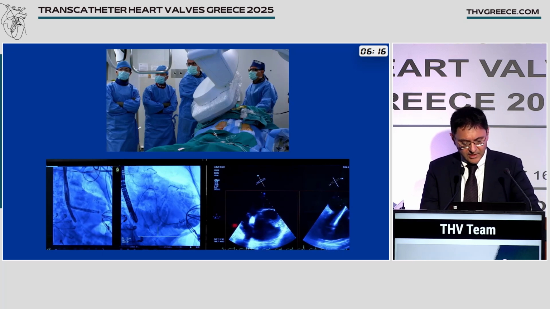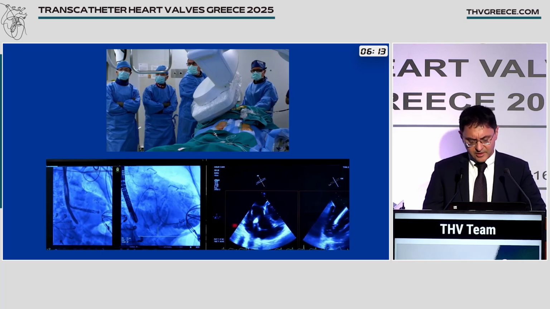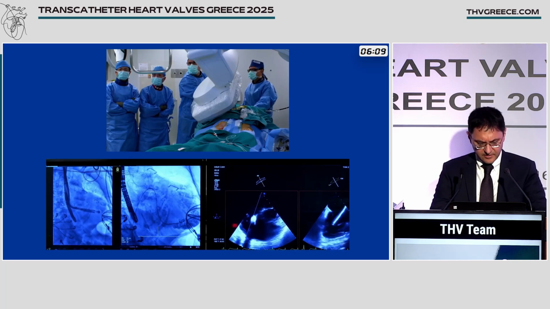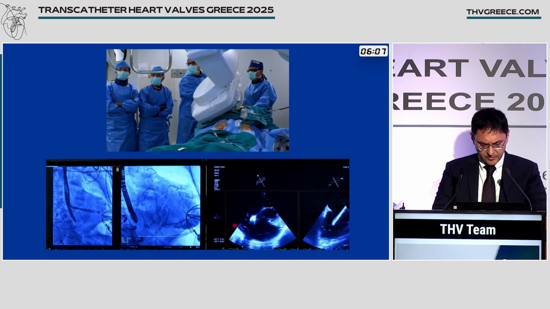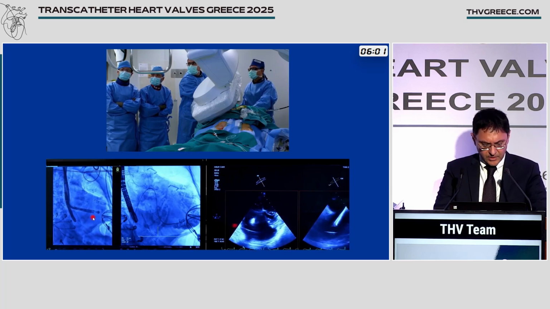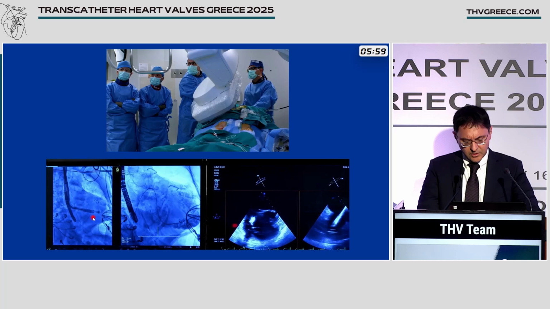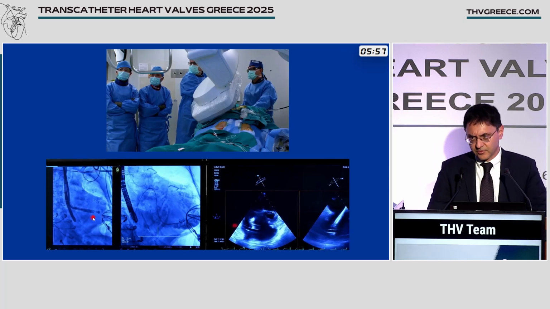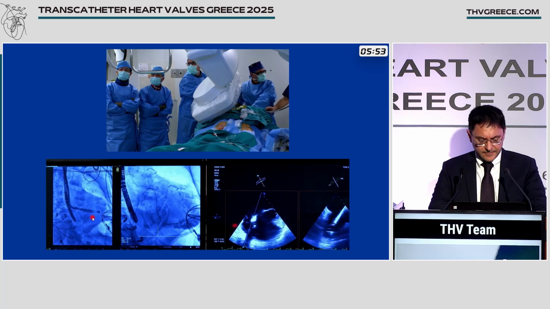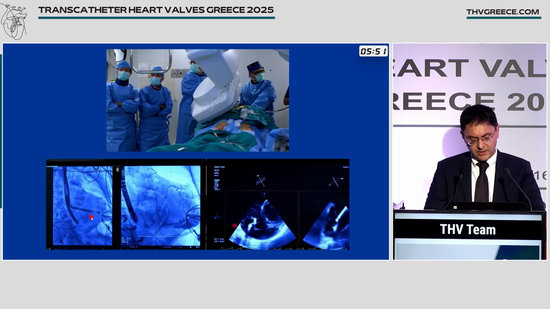So we begin to unsheath the system. We see on the left picture, fluoroscopically, the unsheathing of the system, so that the two graspers, as Dr. Chrissoheris said, the rabbit ears, come gradually out.